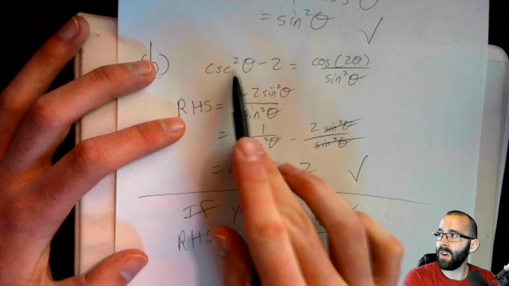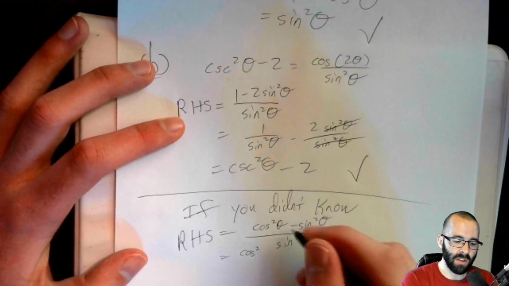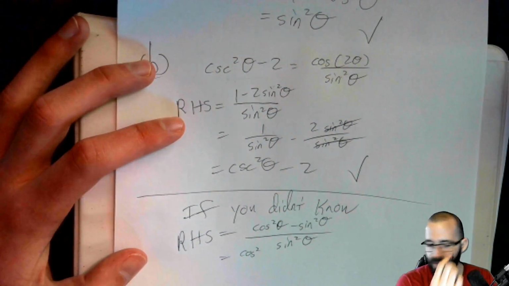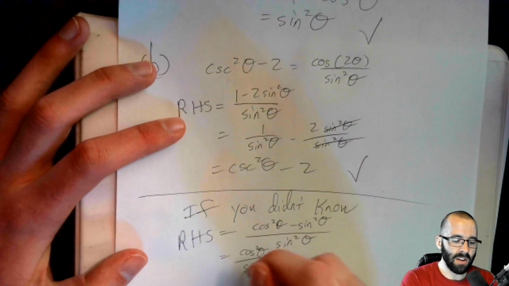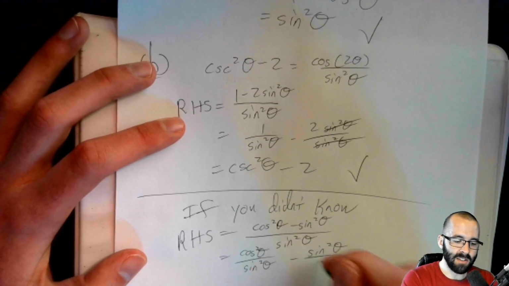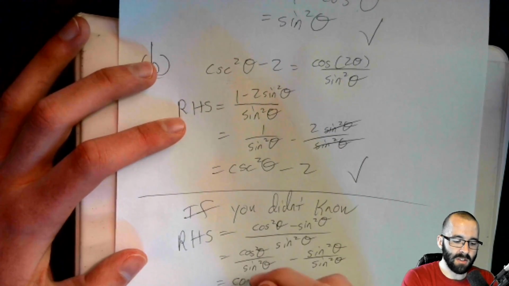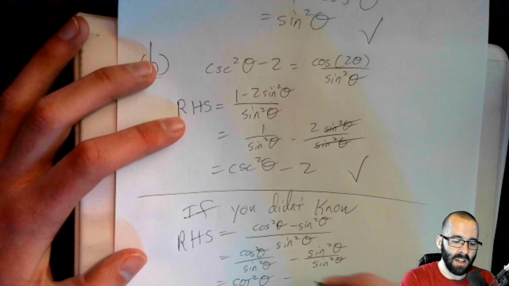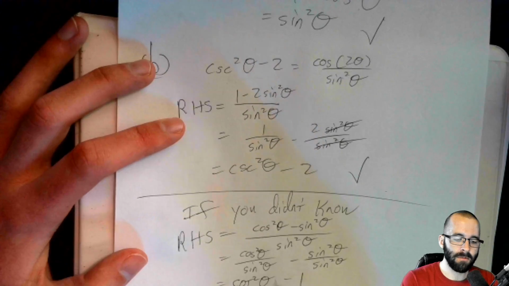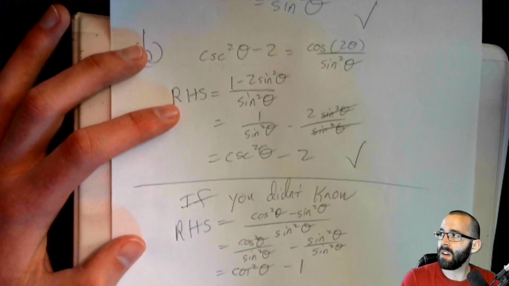Look at where you're trying to go. We want to get rid of this fraction bar and write it as two different fractions. Cosine squared of theta divided by sine squared of theta minus sine squared of theta divided by sine squared of theta. So again, that's cotangent squared of theta minus 1. We have a cotangent squared. We want a cosecant squared.